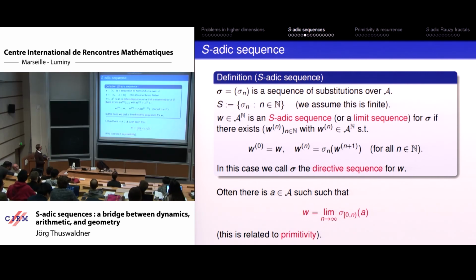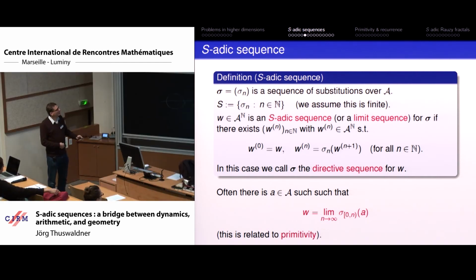An S-adic sequence, or a limit sequence for a directive sequence of substitutions, is a word that can be desubstituted infinitely often. So W is equal to W0, and we can desubstitute. W0 is sigma 0 of W1, W1 is sigma 1 of W2, and so on and so on. We can write this in a better, easier way.